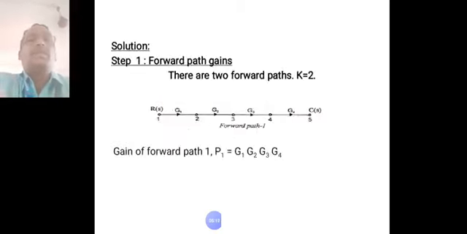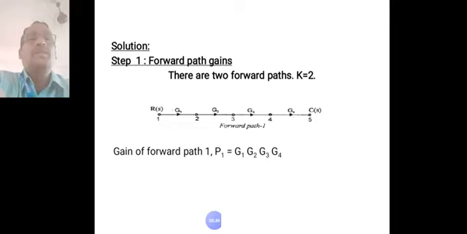This is the first forward path, where the signal starts from 1 and goes to 2, 3, 4 and finally reaches 5. The given system has two forward paths, therefore the letter K, used to represent the number of forward paths, is K equal to 2.